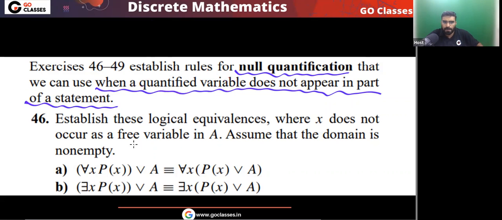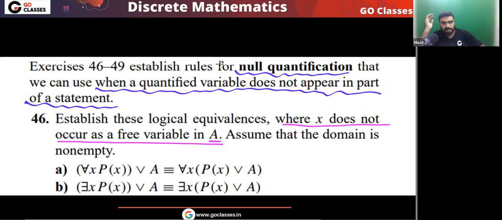Like you can see, x is not a free variable in A. See, this is the quantified variable, but it does not appear in A. This quantified variable does not appear in this A. Is this clear?